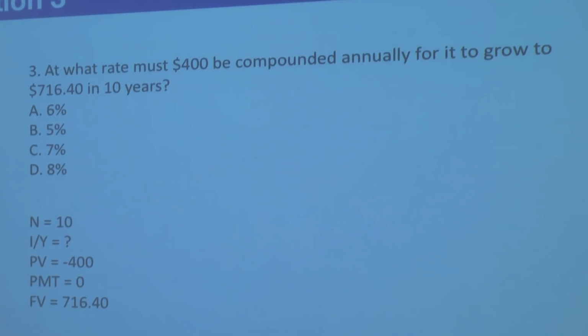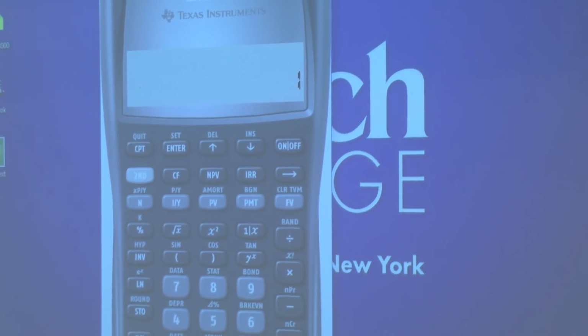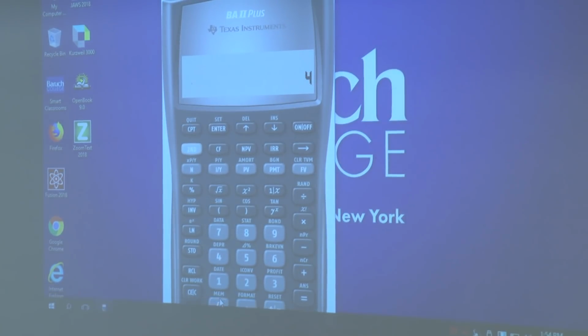Compute. Just a second. So we have 10 as the number of periods. 400 is our present value. 716.4 is the future value. 0 is the payment.